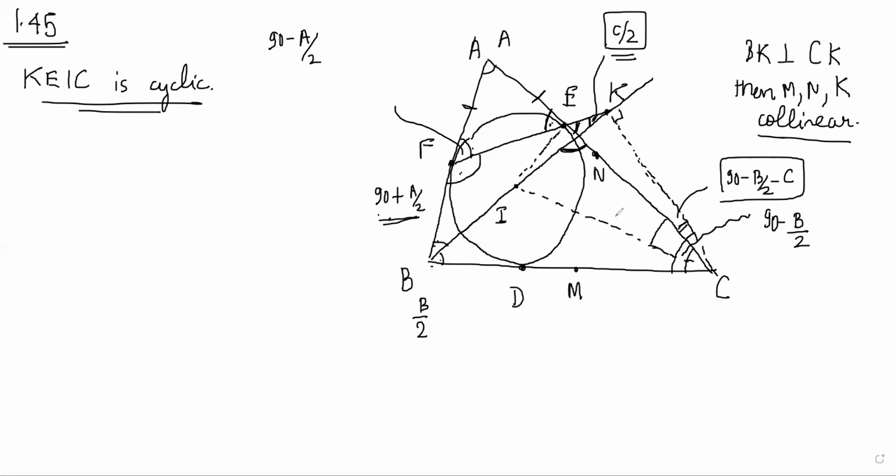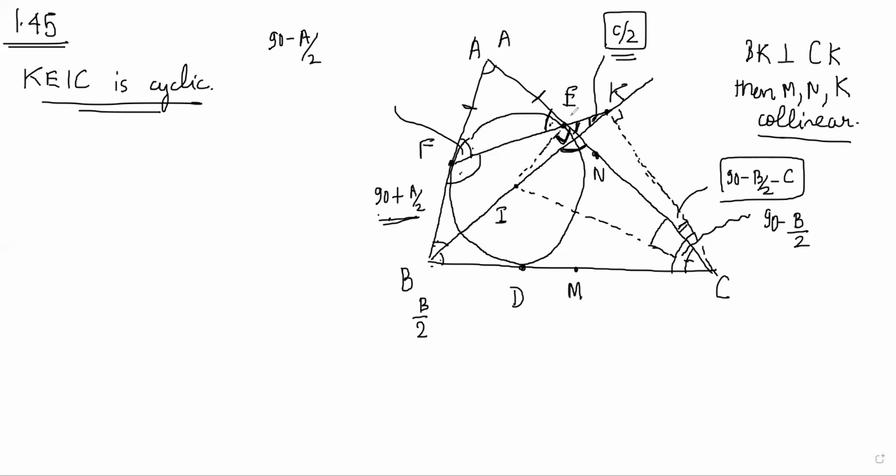And since we know that KEIC is cyclic, now I think our job should be easy because we know that this angle is 90, right? So this is a diameter EC.